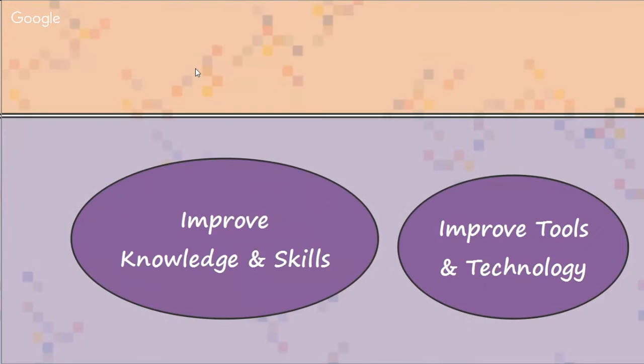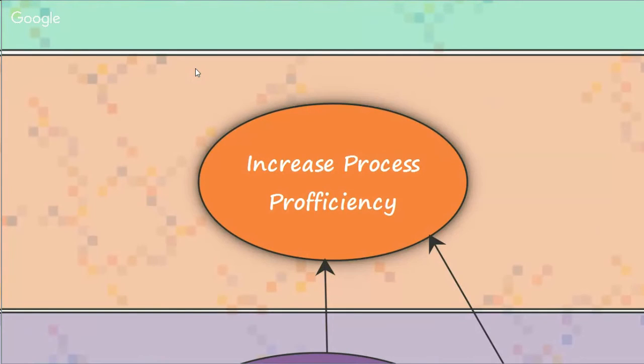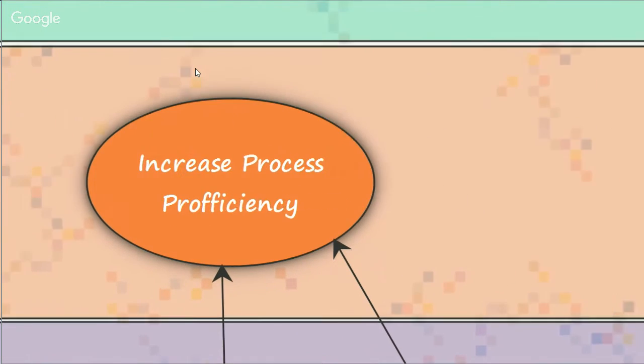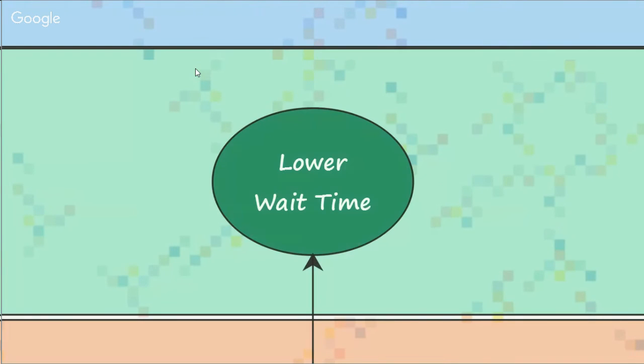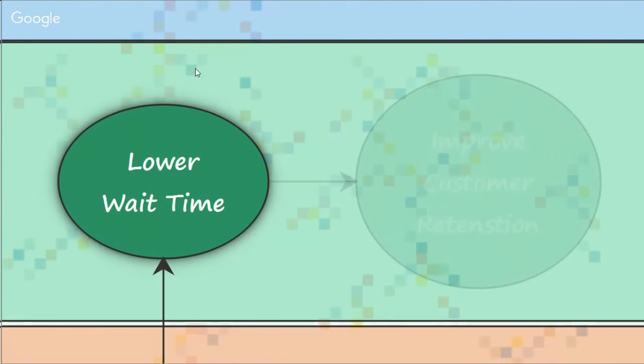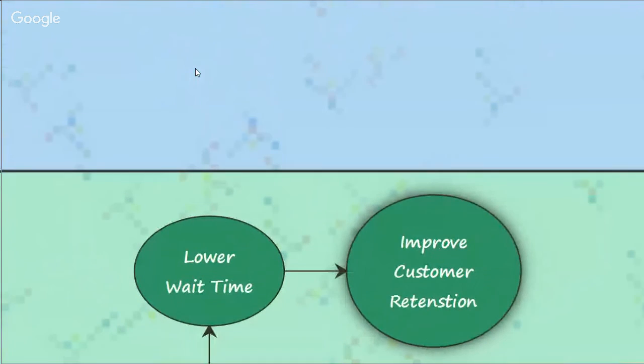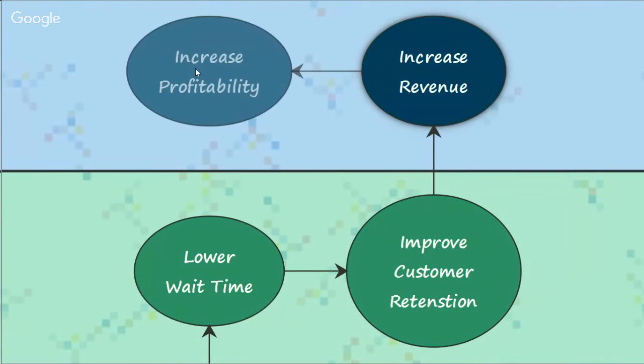Here, the first sequence, they all go to the increased process proficiency. The next part of the sequence leads to lower cycle time. The next sequence goes to lower wait time. So this is one way to finish one sequence of a concept map or a flowchart diagram.